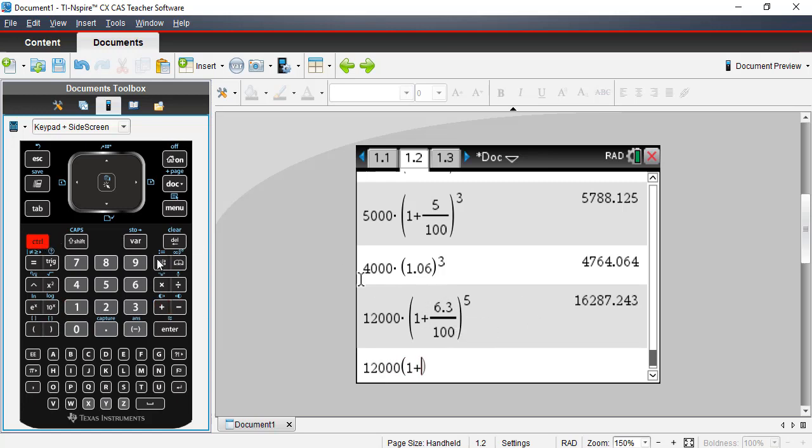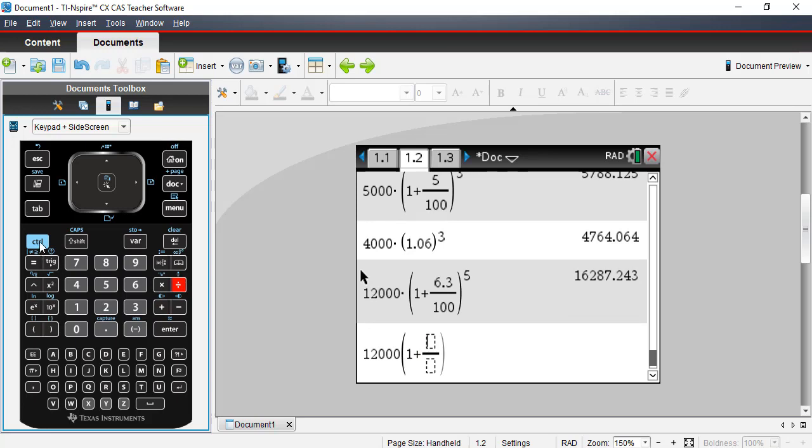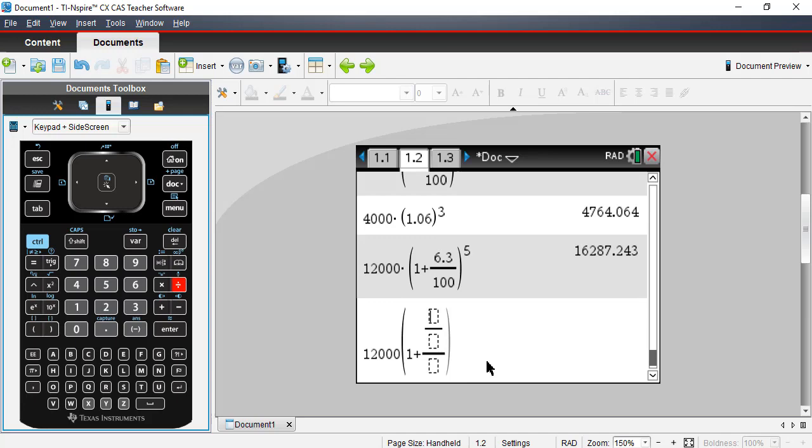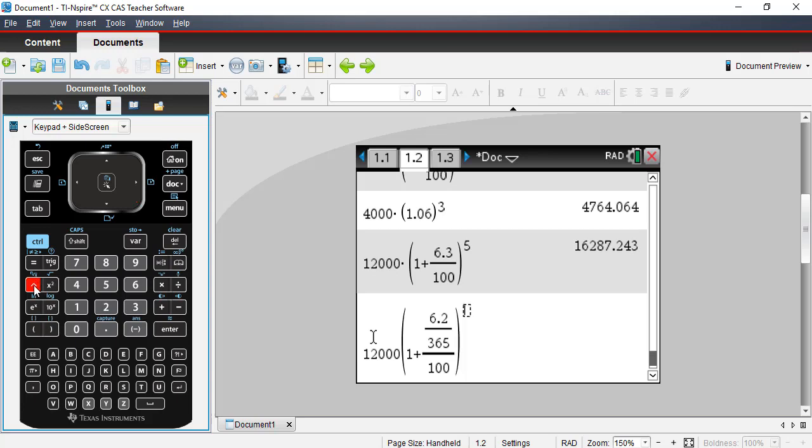So if I press Control Divide, it brings up the fraction tool, and if I do it again, that brings up another one. As you can see, it looks a bit ugly, but I put 6.2 over 365. There's my rate per day. And then we've got to the power of, well, we've got 5 years.